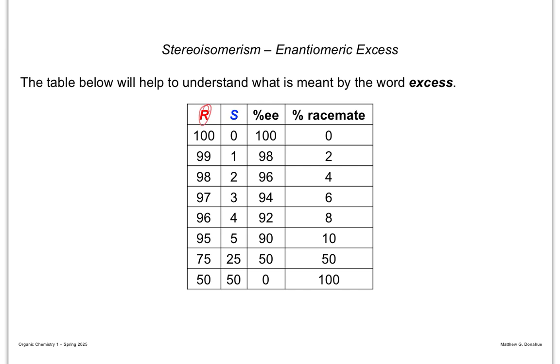In this table, we're going to consider R as the pure enantiomer with 100% R. That means there's 0% S. So there's 100% EE, and then there's no racemate.